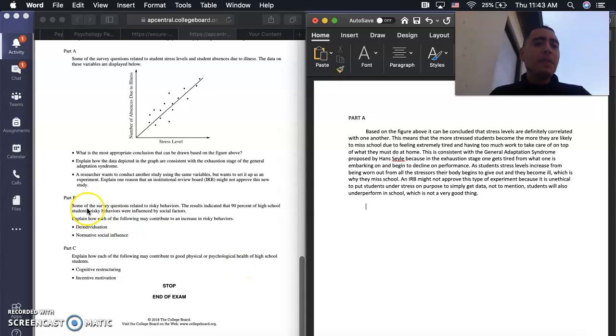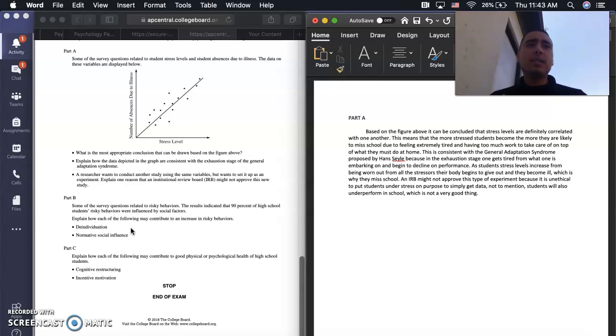So part B says, some of the survey questions related to risky behaviors, and the results indicated that 90% of high school students' risky behaviors were influenced by social factors. Explain how each of the following may contribute to increase of risky behaviors. De-individuation is just when you lose your individuality because you're part of such a large crowd that it is very easy for you to do stupid things that you wouldn't have done otherwise.